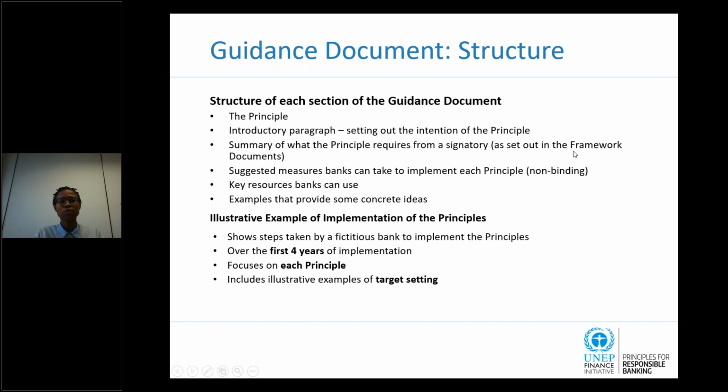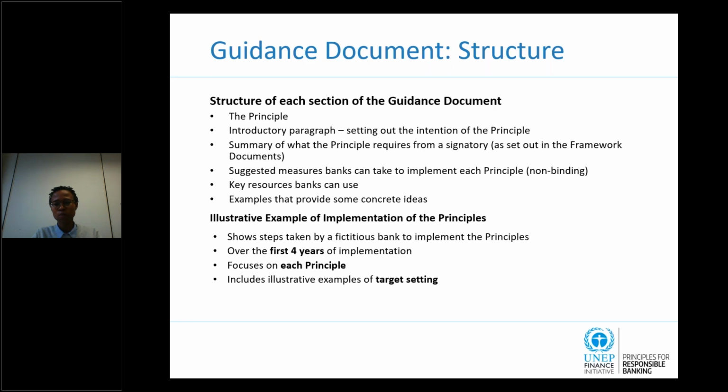Let me see. Well, the structure of the document, as you will see, is divided into the 6 principles. On the first part, you can read what the principle is about. It will have an introductory paragraph that sets out the intention of each one of the principles, which I already read to you.